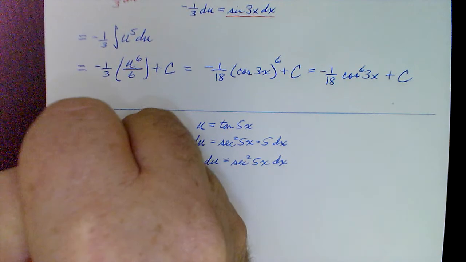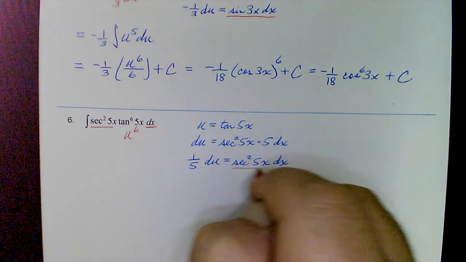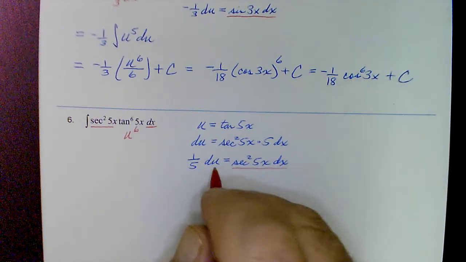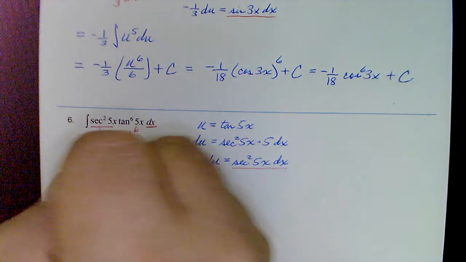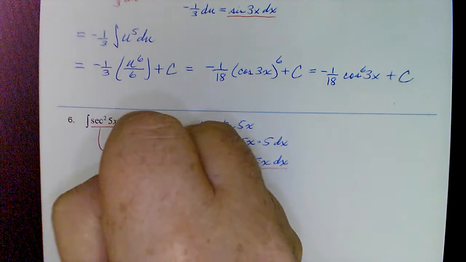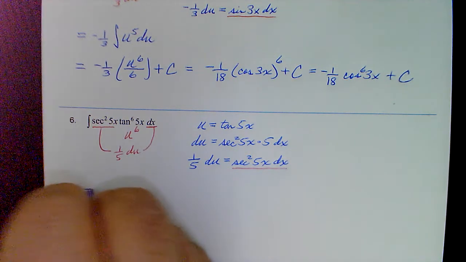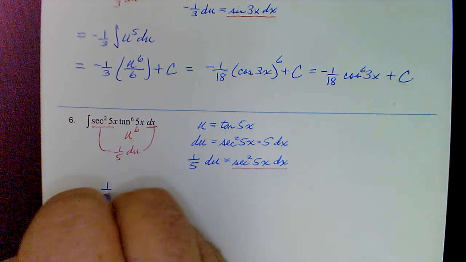What are the leftovers? Secant squared 5x differential dx. Compare them to our du, and we see they make up 1/5 du. So they match. Replace secant squared 5x dx by 1/5 du, and we've accounted for all the factors, and we are ready for a change of variables.